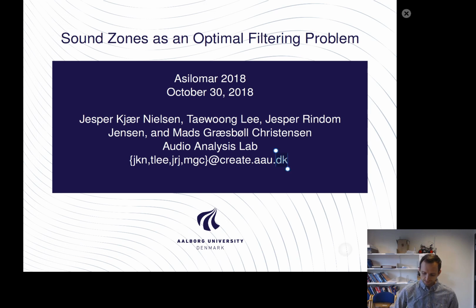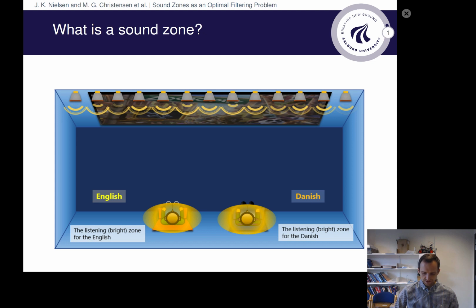Okay, but let's start by describing what a sound zone is, if you're not familiar with this concept. I have a very simple use case here where we have two persons, for example you and your friend, and you want to hear a movie with the English speech, and your friend wants to hear the movie with the Danish speech.